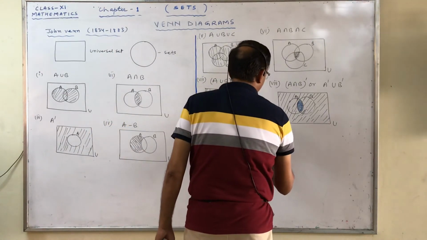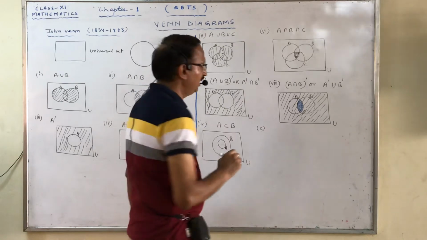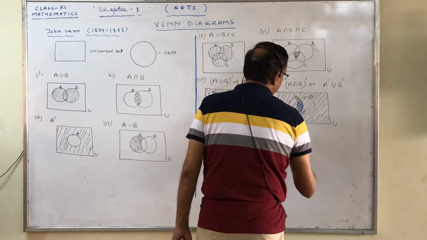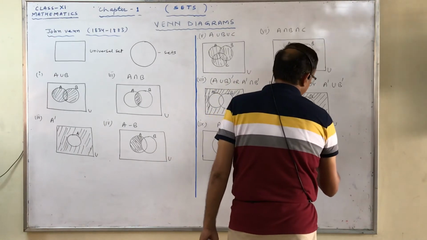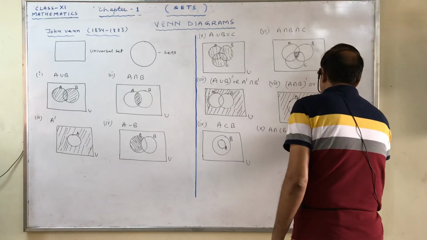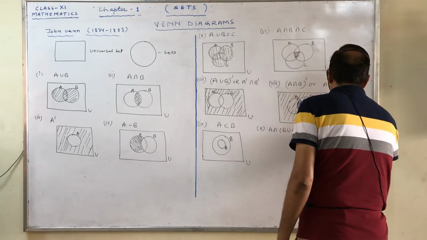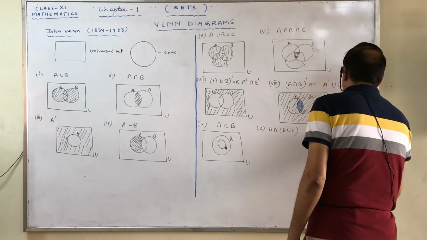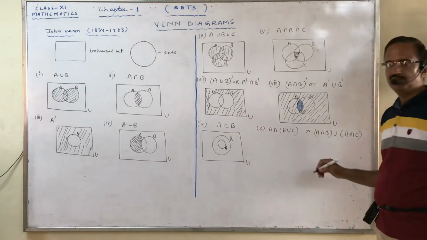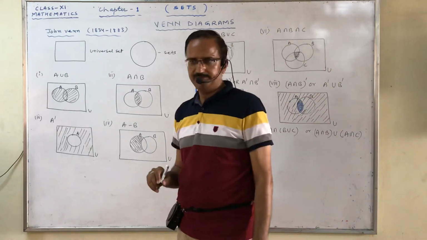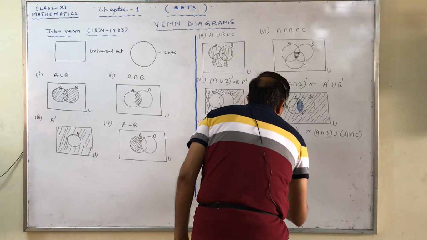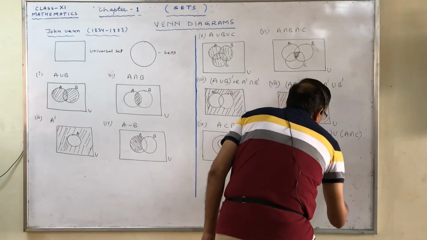And the last Venn diagram is for A intersection B union C, or we can say A intersection B union A intersection C. This comes from distributive property. For this, 3 sets are required.